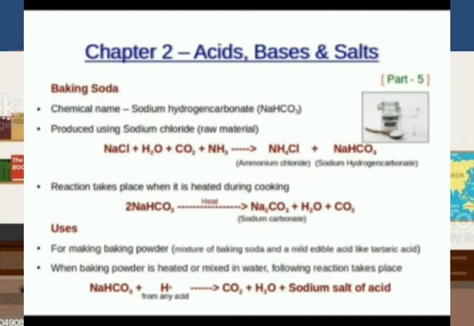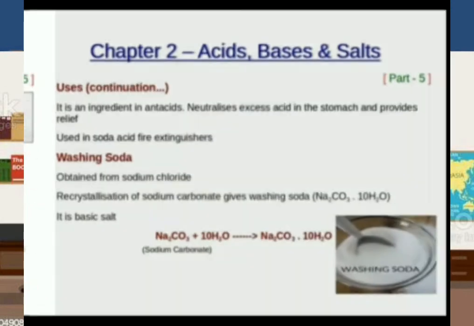Baking powder is a mixture of baking soda and a mild edible acid like tartaric acid. When baking powder is heated or mixed in water, the following reaction takes place. When it is heated, the products are CO2 plus H2O plus the sodium salt of the acid.